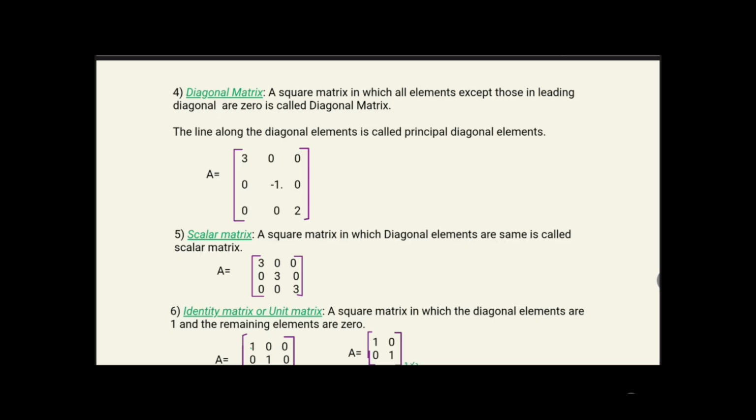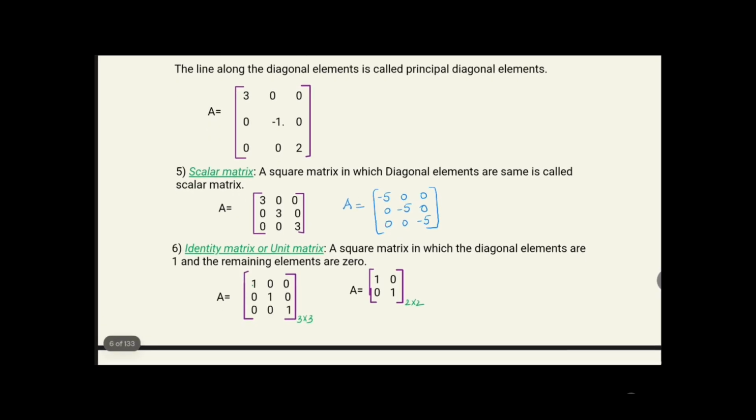I will write down another example of a scalar matrix here. A is equal to minus 5, 0, 0, 0, minus 5, 0, 0, 0, minus 5. If you observe carefully, all the diagonal elements are the same and the remaining elements are zeros.